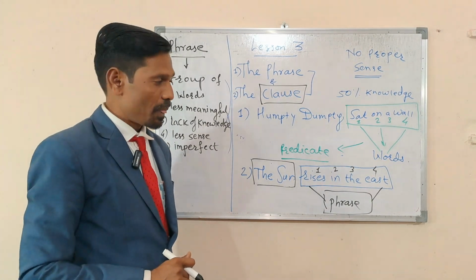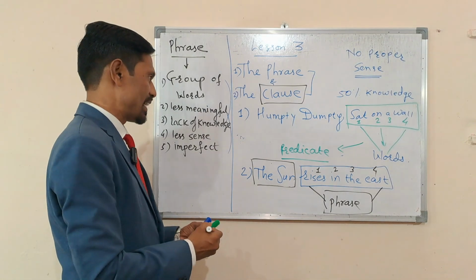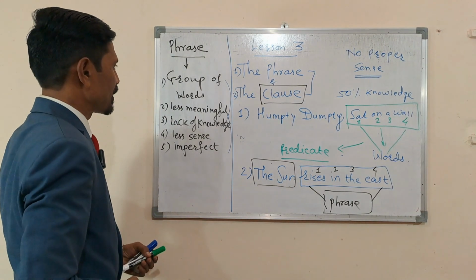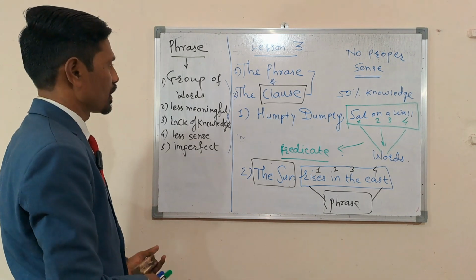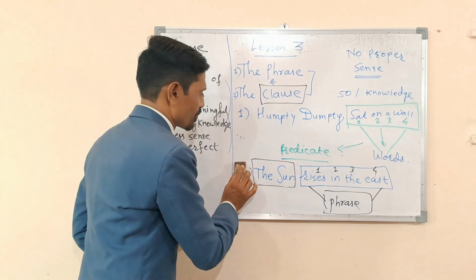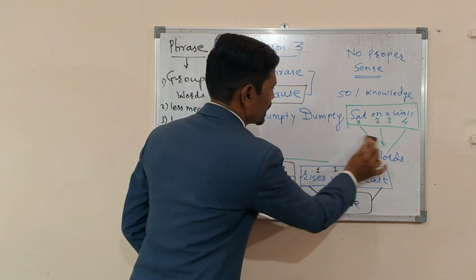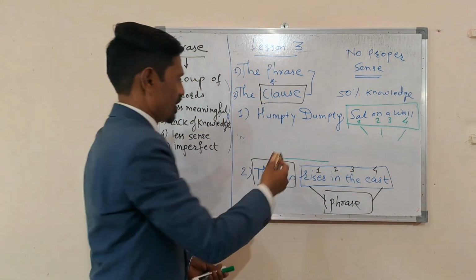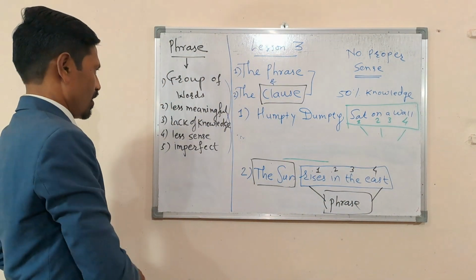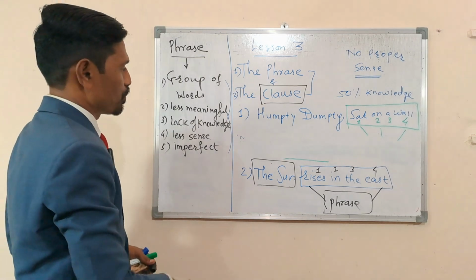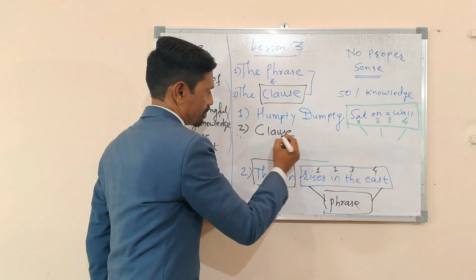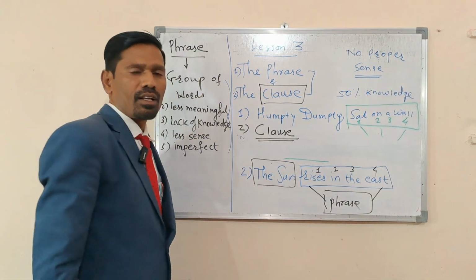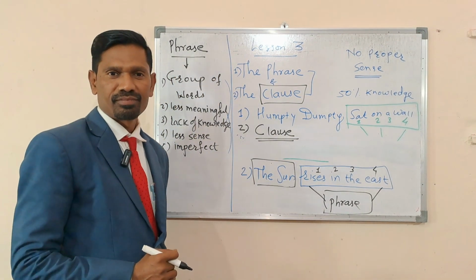All of you understood? Now we switch on to the next topic, and that topic is clause. Now come to the next point, clause. What is clause? Second point, clause. What is clause?